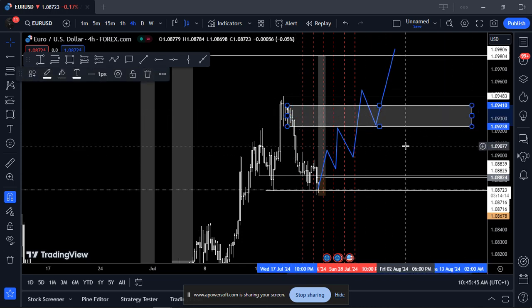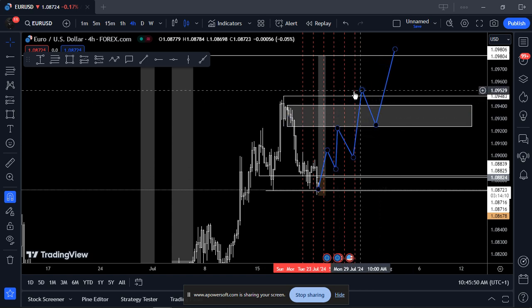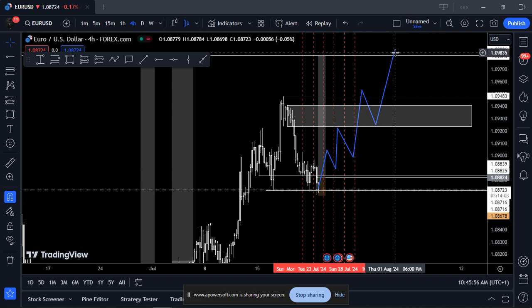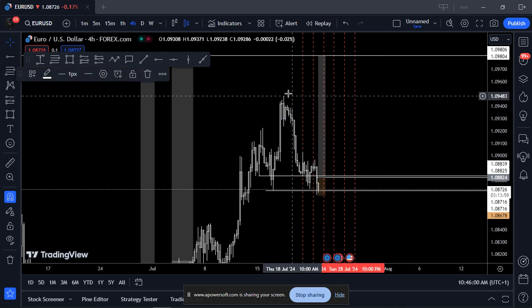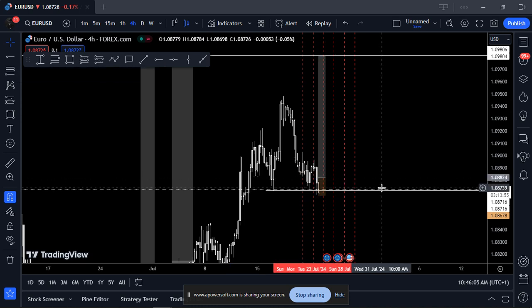But after it crosses it, takes forwarding again, then we can enter at this bottom, another entry. So that's all for multi-time frame analysis, top-down analysis, whatever it is called these days.